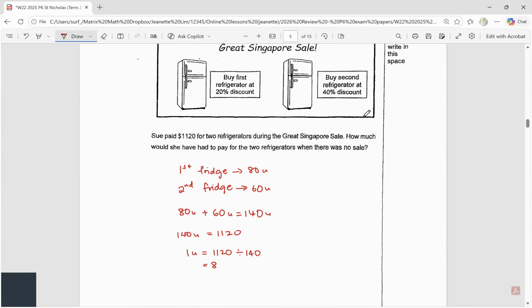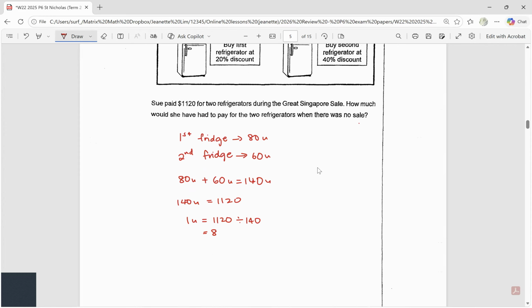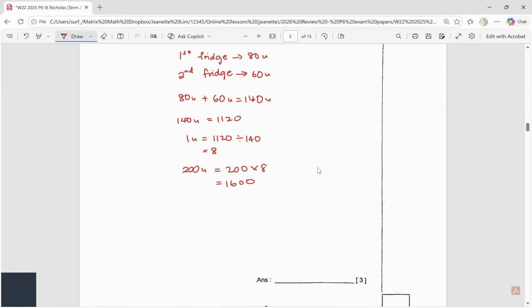Now we're looking for, if there's no sale, this is 100 units, this is 100 units. So the two refrigerators would be 200 units. Answer $1,600.